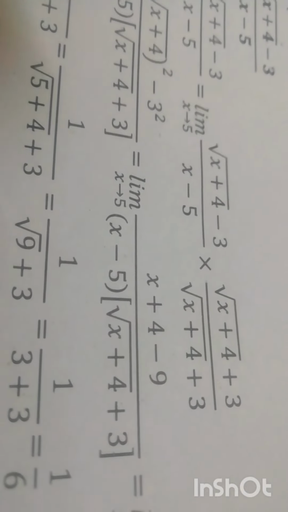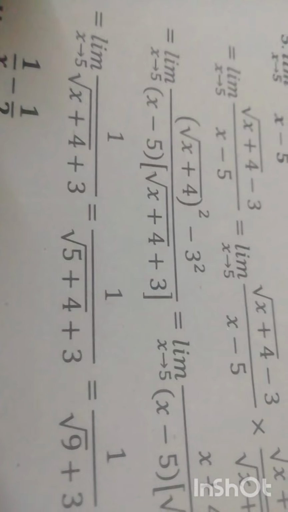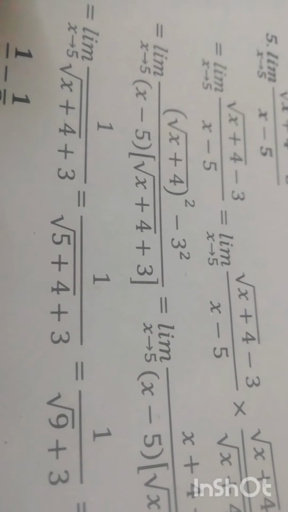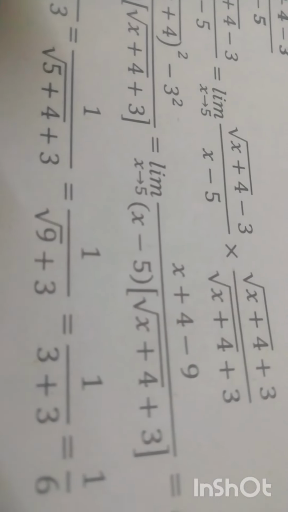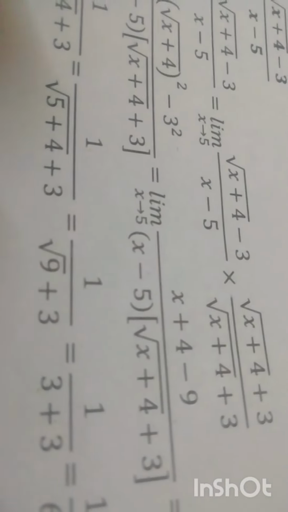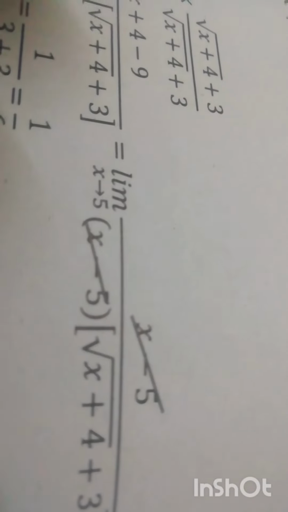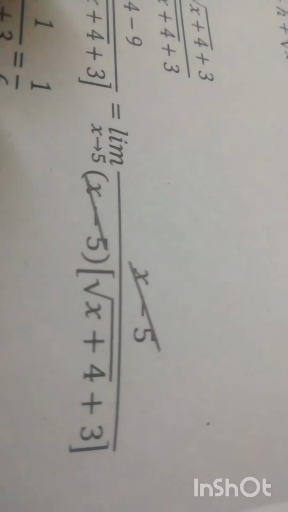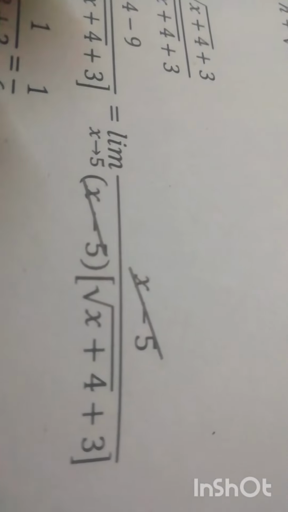So a minus b into a plus b, so a square minus b square. So x plus 4 minus 9, since 3 square is 9. So we get x minus 5. So x minus 5 and x minus 5 are cancelled. That is, the zeros of the polynomials are cancelled.